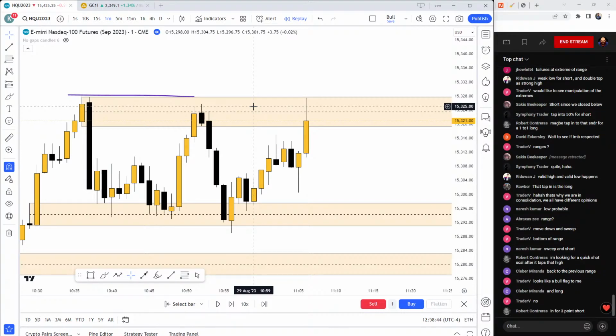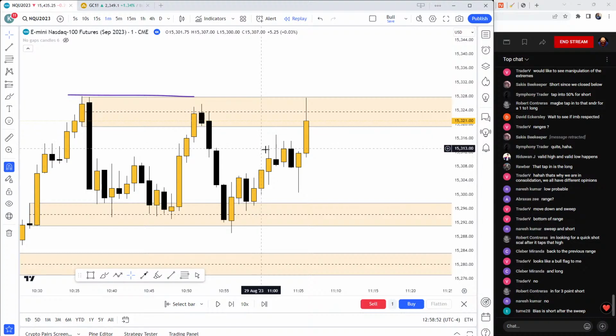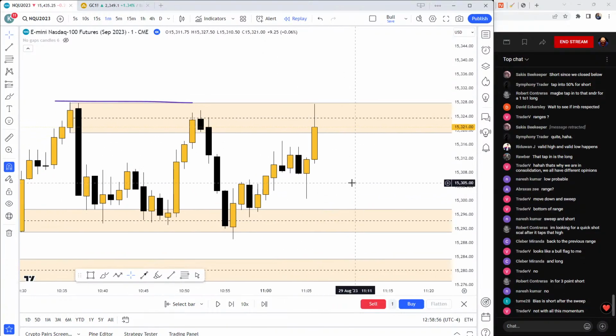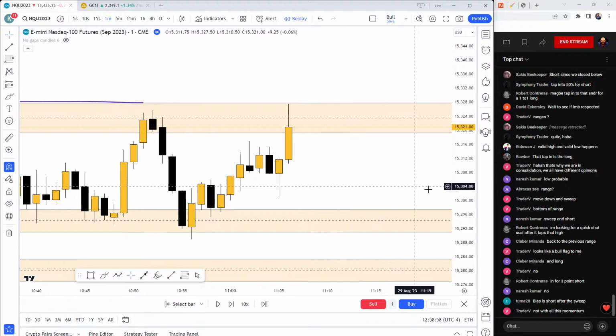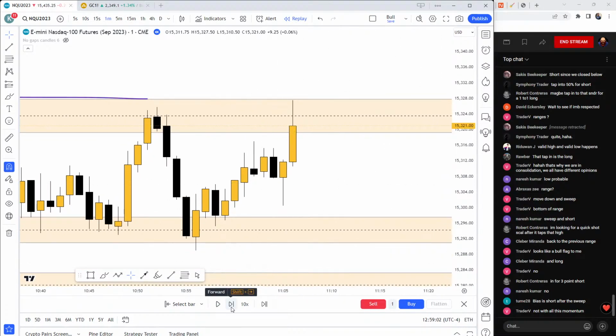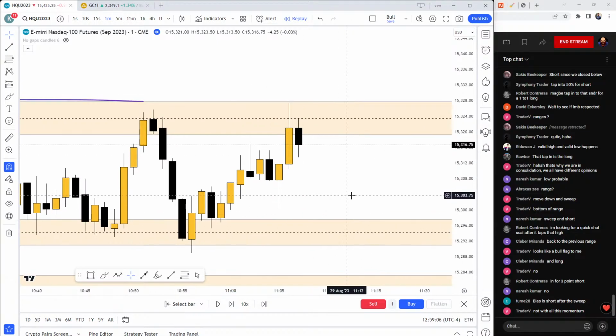That's a beautiful little move. In for a 3-point short. 40-point range. Bias is short after the sweep. Okay. Where are you holding to?